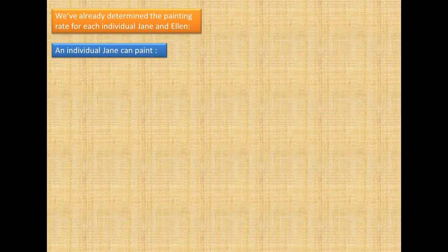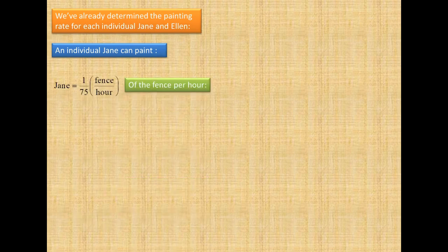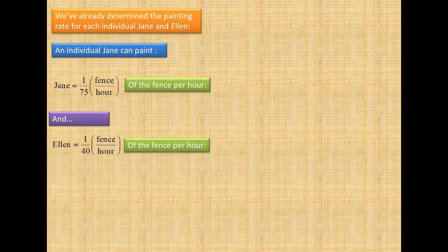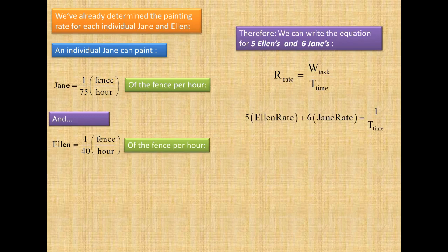We've already determined the painting rate for each individual Jane and Ellen. An individual Jane can paint 1/75th of the fence per hour, and Ellen can paint 1/40th of the fence per hour. Therefore, we write the equation for 5 Ellens and 6 Janes.